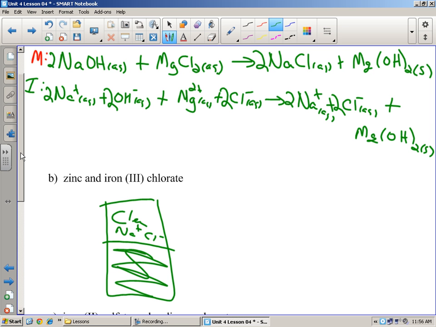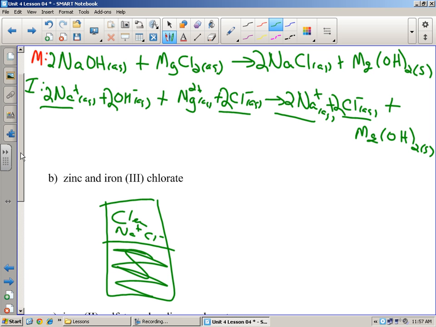Absolutely. Because the next thing you're going to do here is, if you look at this equation, you'll notice that you have ions that are the same on both sides. Sodium ions and chloride ions are the same. Look, sodium ions, 2, 2, 2, 2. Same on both sides.